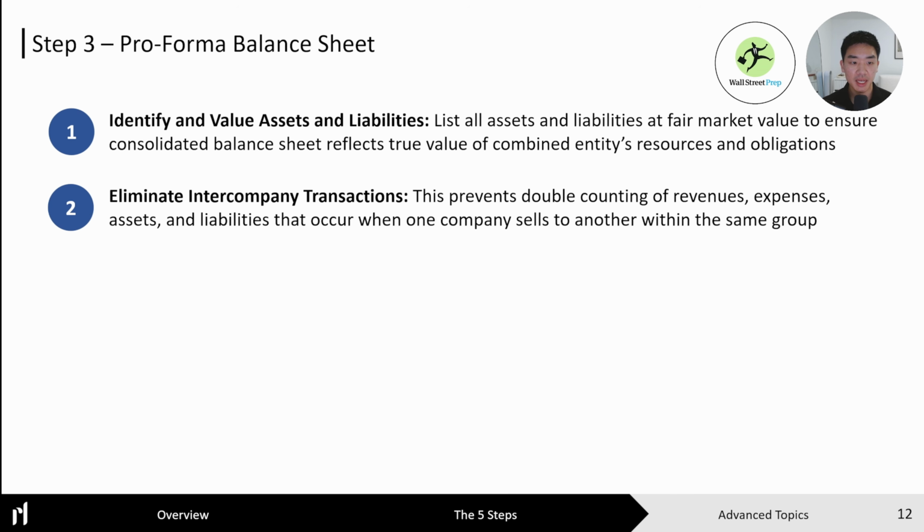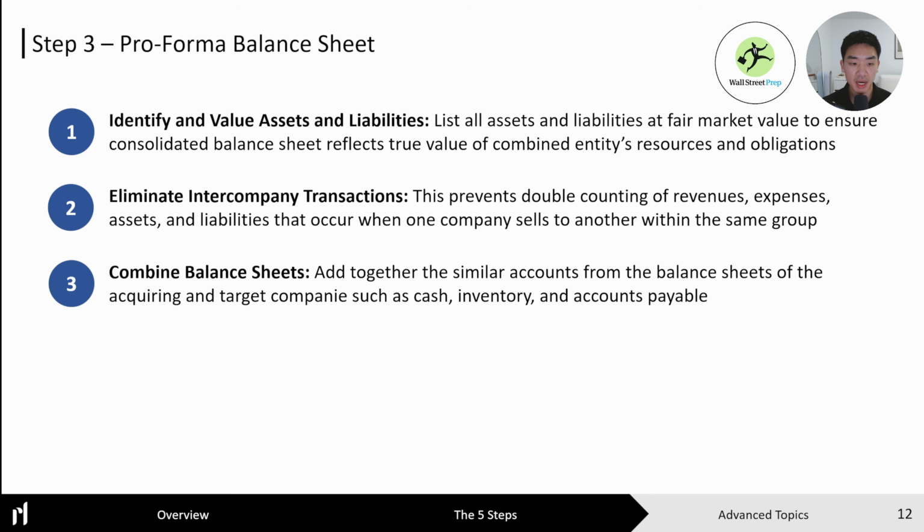Next, eliminate any intercompany transactions. So if these companies do a lot of business together, you want to prevent any double counting of revenues, expenses, anything across the three financial statements. Combine balance sheets. So you want to add together the similar accounts for the balance sheets of the acquiring and target companies.